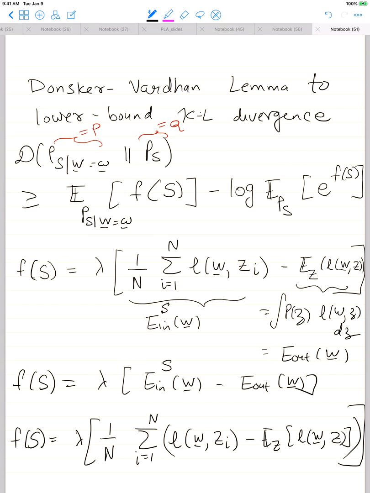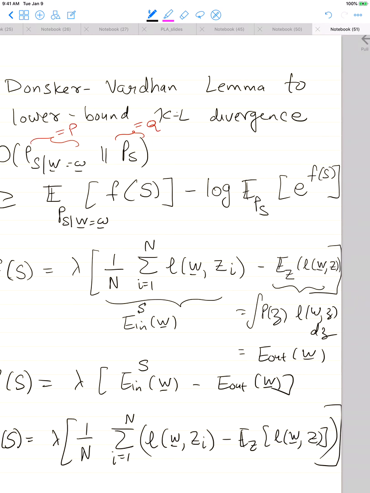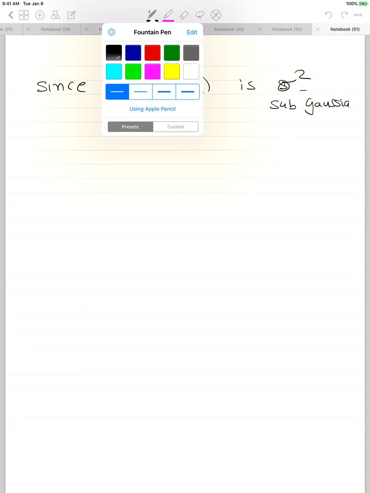Is that clear? Now if L of W Zi is sigma square sub Gaussian, what can we say about f of s? So here W is fixed in the definition of sigma square sub Gaussian. So what we know is, since L of W and Z is sigma square sub Gaussian, this is true for each i, so I'll put the index i here.